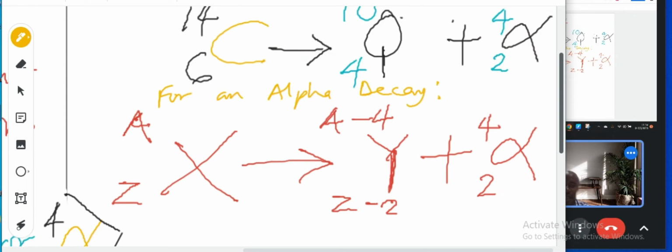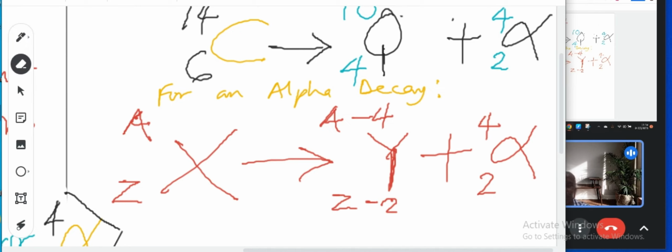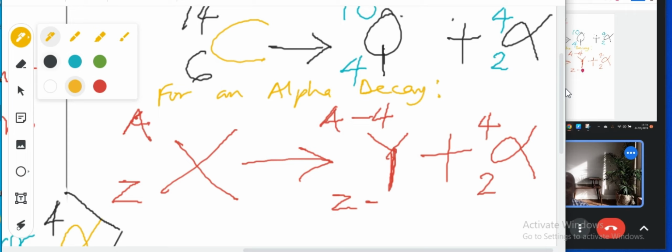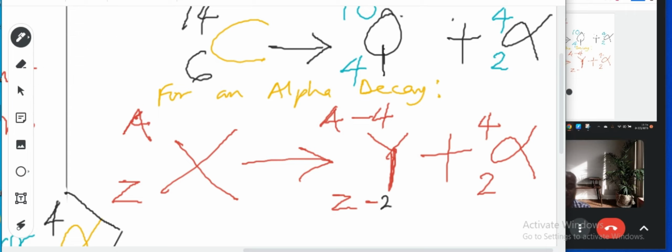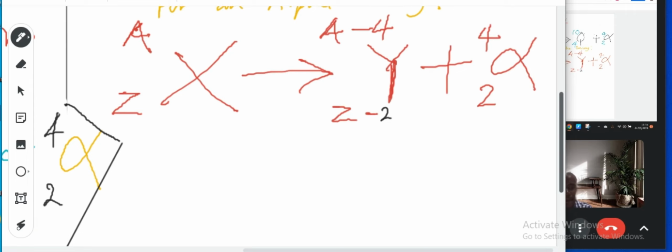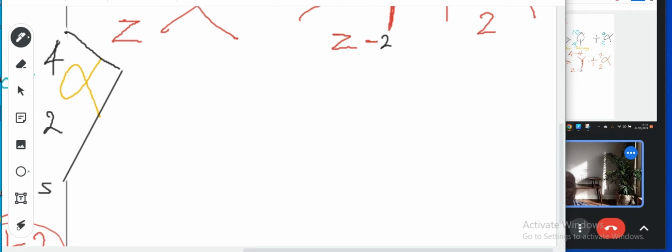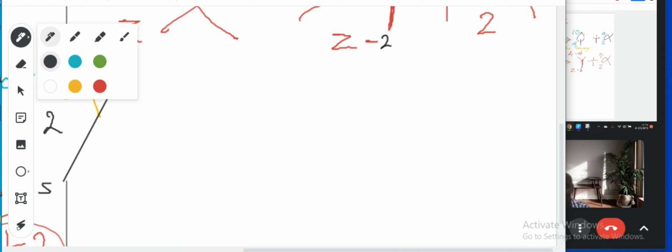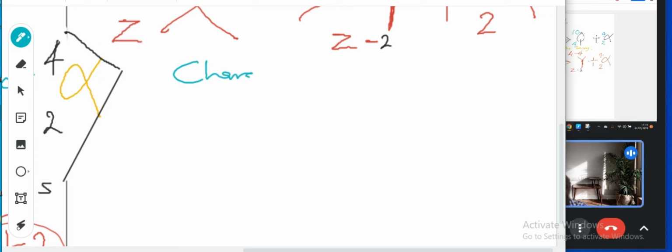Do you remember some of the characteristics of an alpha particle? Okay, let me write the characteristics of an alpha particle.